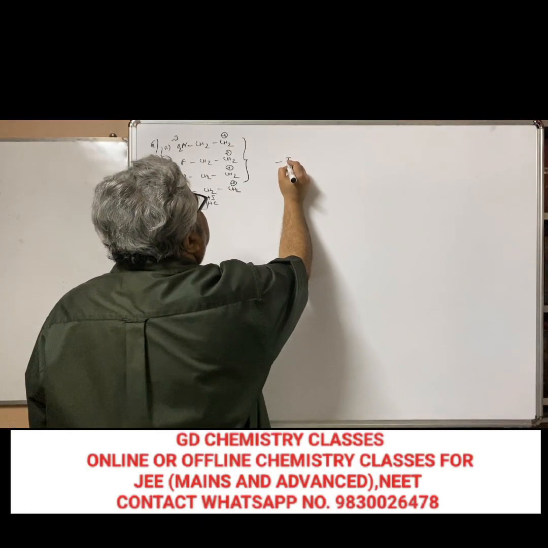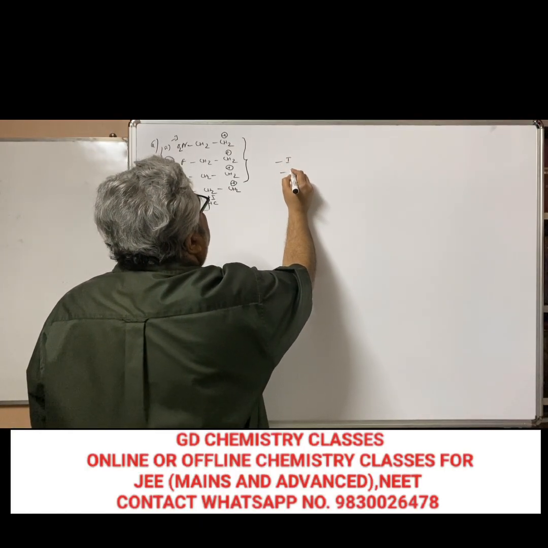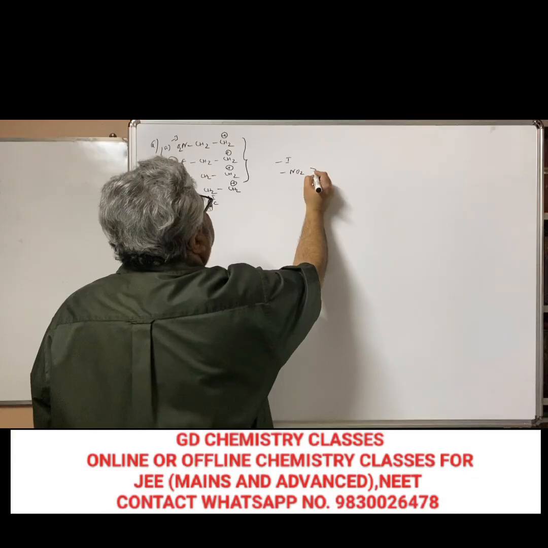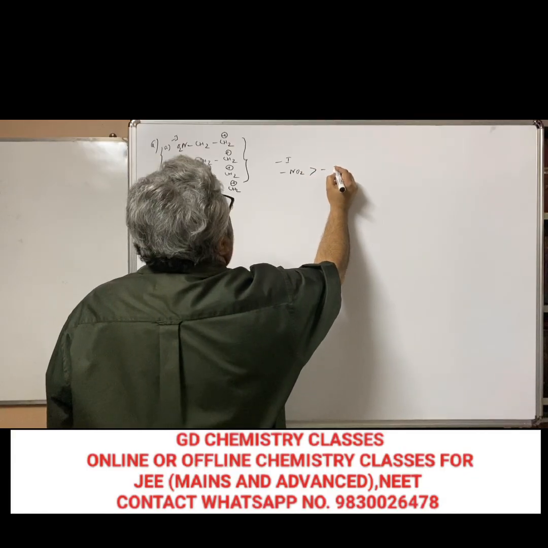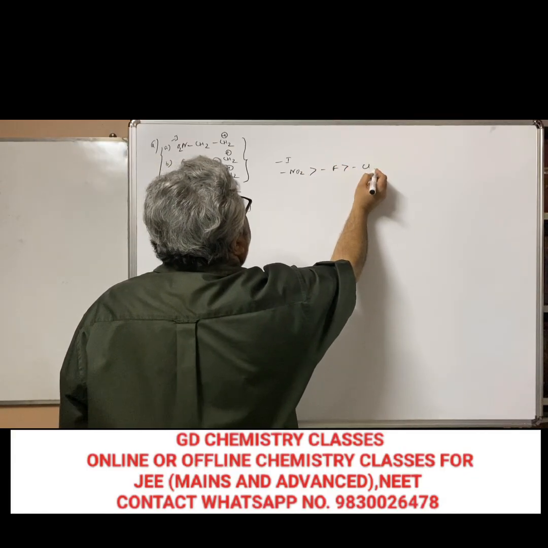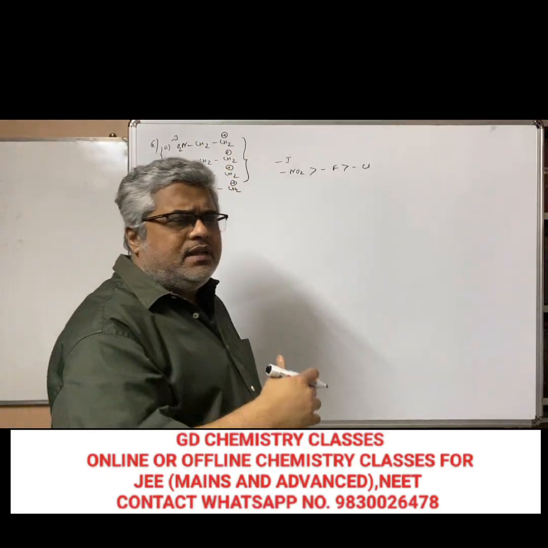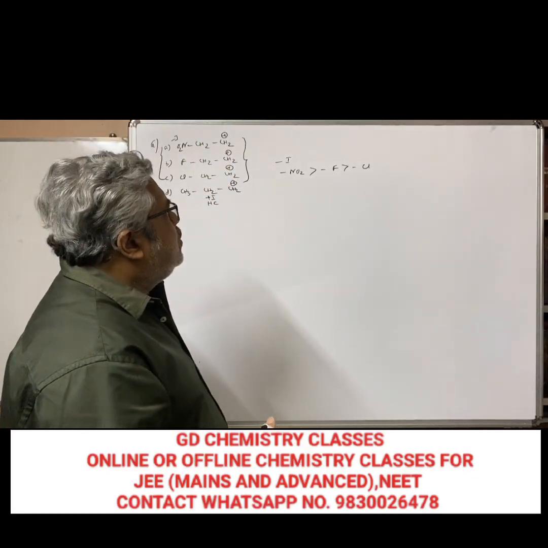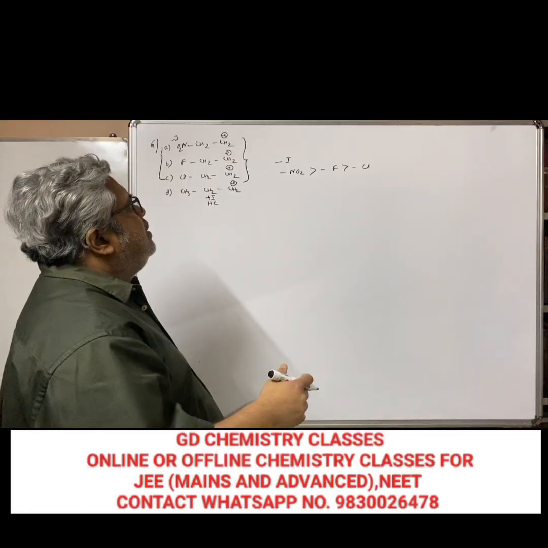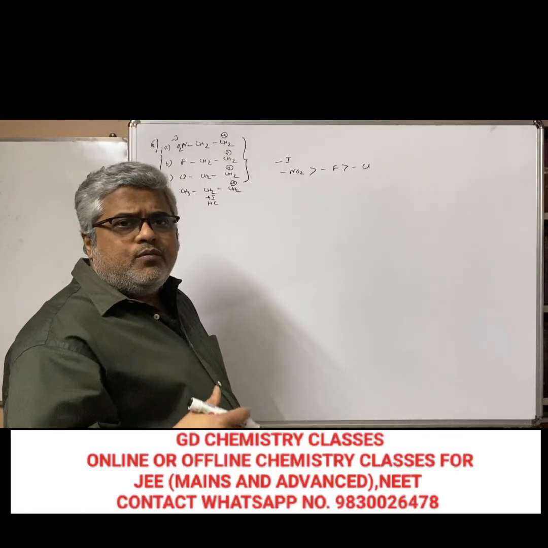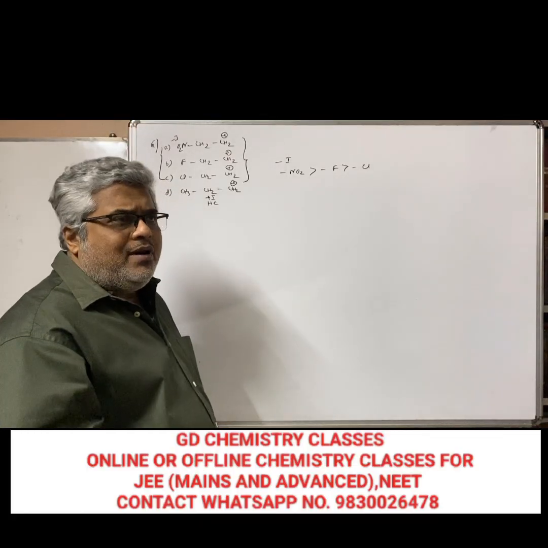And if we consider the decreasing order of minus I effect, nitro is greater than chlorine. We have already discussed in the last video that the more the minus I effect, the more electrons are withdrawn, and the less stable the carbocation will be.